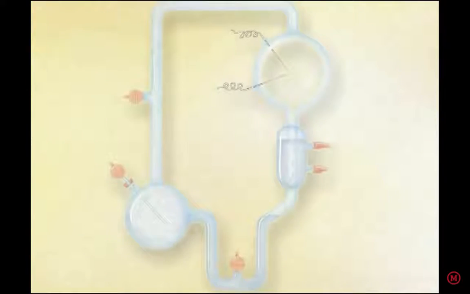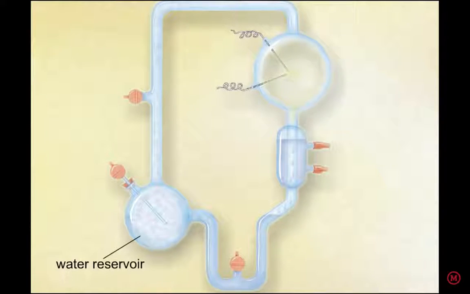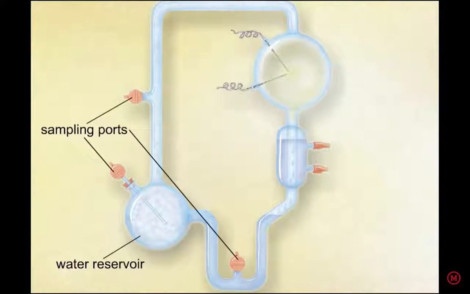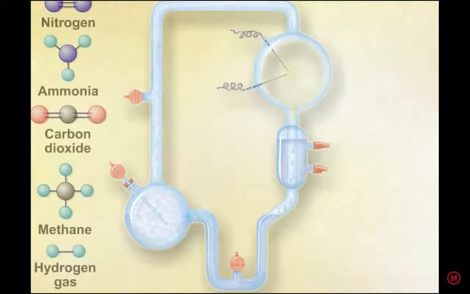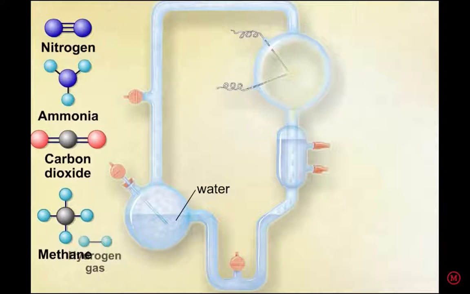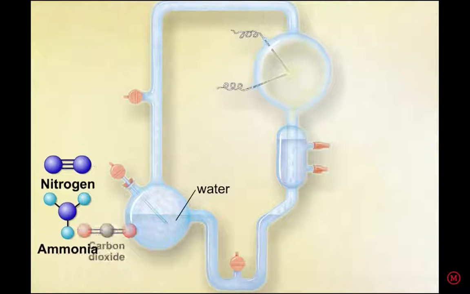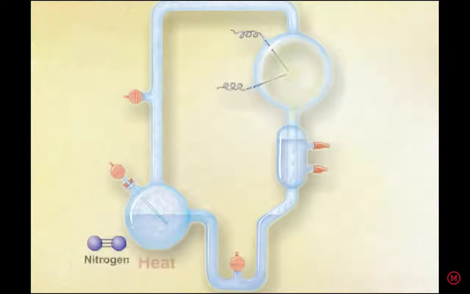In 1953, Stanley Miller and Harold Urey tested this hypothesis. They constructed a closed system with a reservoir for water, sampling ports, a chamber for the input of electrical energy, and a condenser to convert the water vapor back to a liquid. The researchers then added water, hydrogen gas, methane, carbon dioxide, ammonia, and nitrogen.